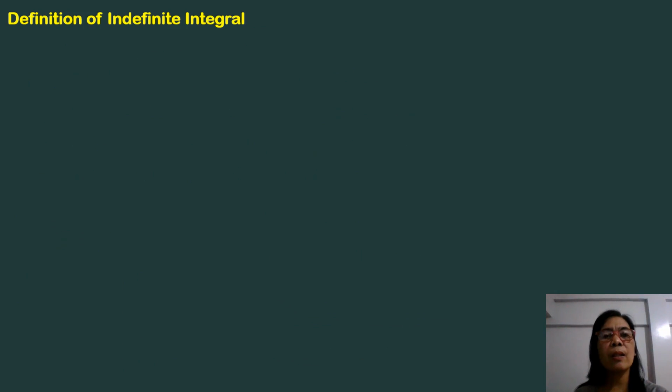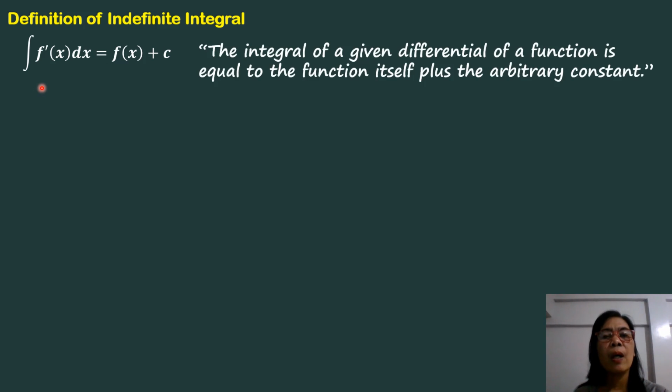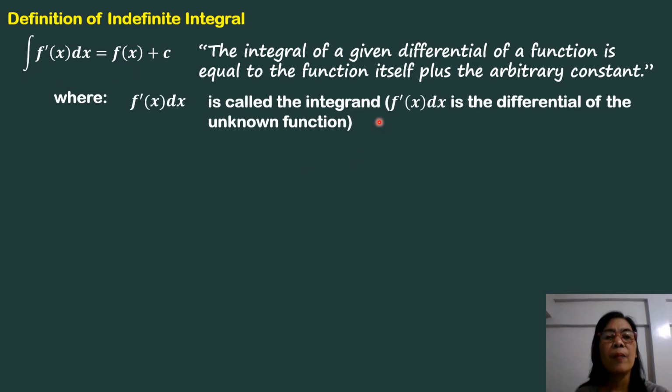Let us now write the definition of indefinite integral using symbols. We have this symbol, which is read as the integral of a given differential of a function is equal to the function itself plus the arbitrary constant c, where in this statement, the f prime of x dx is what we call the integrand, and it is always a differential of an unknown function.